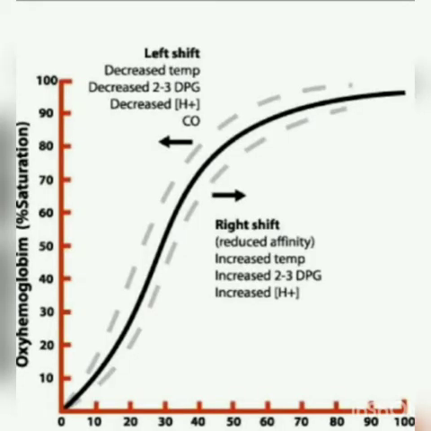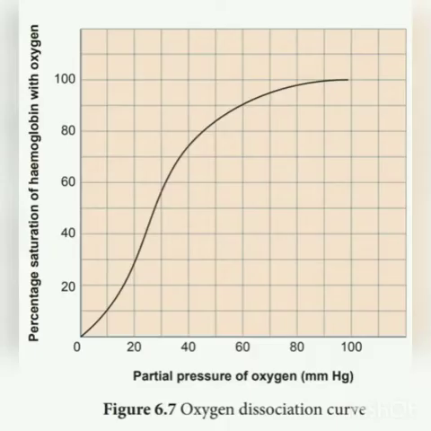A sigmoid curve is obtained when percentage saturation of hemoglobin with oxygen is plotted against the partial pressure of oxygen. You can see this curve. This curve is called the oxyhemoglobin dissociation curve.